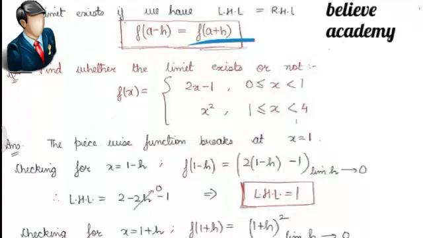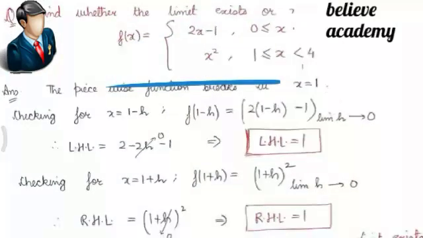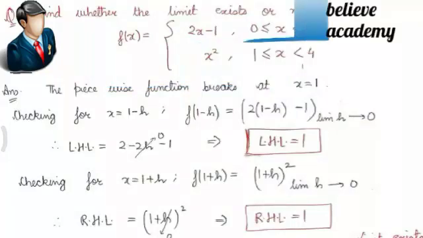Now the question here is that you need to find out whether the limit exists or not. I'm directly beginning with the piecewise functions, not with those very simple questions like sine of x, cos of x. We are directly dealing with the questions here. So f of x is equal to 2x minus 1 for x belongs to 0 to 1 where 1 is not included, and x square where x belongs from 1 to 4 where 1 is also included.